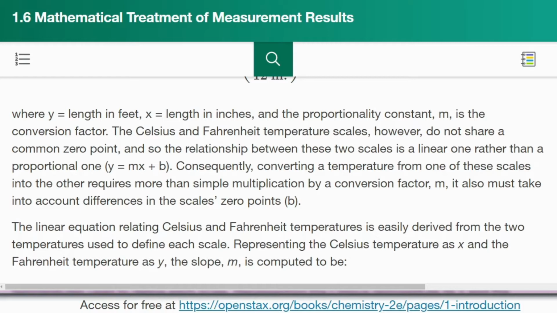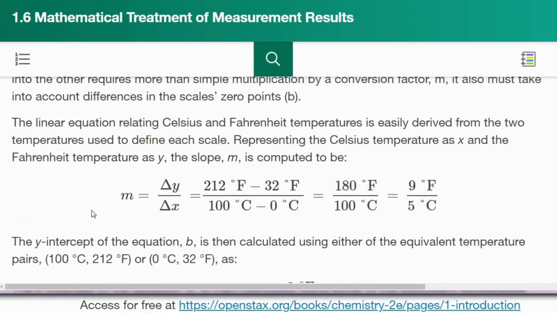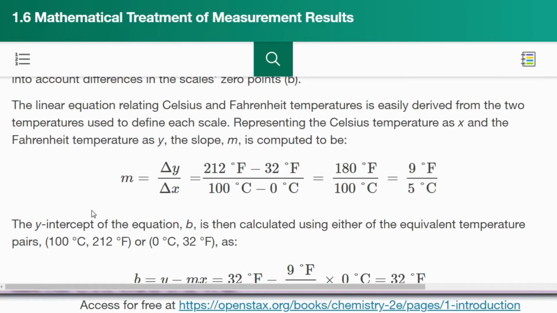It also must take into account differences in the scale's 0 points, that is, b. The linear equation relating Celsius and Fahrenheit temperatures is easily derived from the two temperatures used to define each scale.